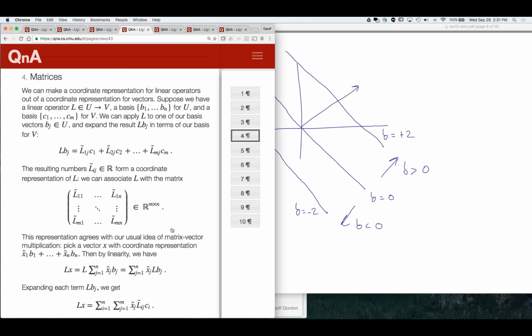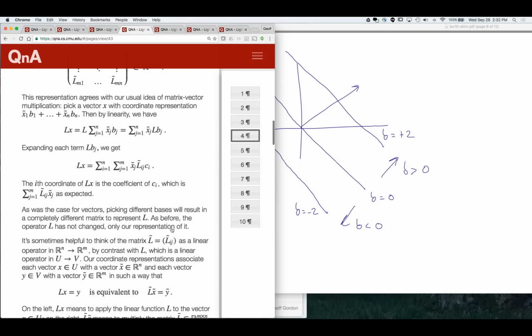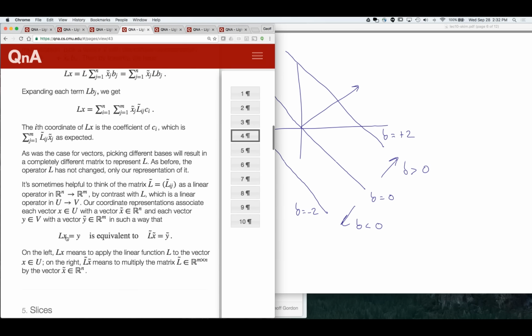And it's going to be a matrix that we choose in such a way that, going down to the bottom here, if we have a vector x in our vector space U, and the linear function L applied to x is equal to y, which is a vector in V, then the same thing is going to happen when we use the coordinate representations. If x tilde is our coordinate representation of x, L tilde is our coordinate representation of L, then if we multiply this vector by that matrix, we get the coordinate representation of the vector y, right?